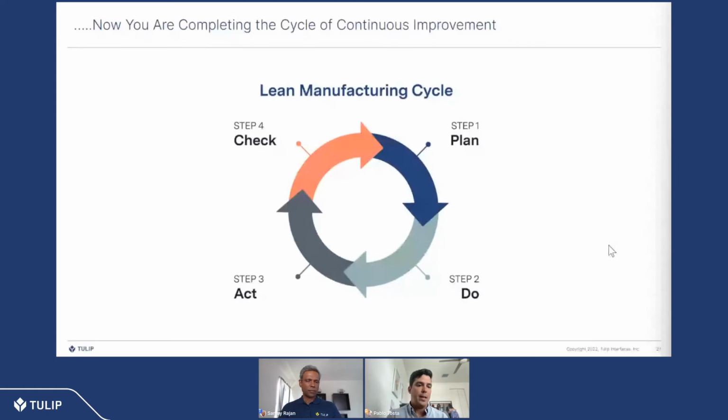The acting is a step ahead from checking. Once you act, you implement something, then you check the data. Is this actually true? Did this actually give me the highest value? Yes, it did. Where can we improve to make it more standard and deploy it everywhere else? So you start small and then keep deploying.